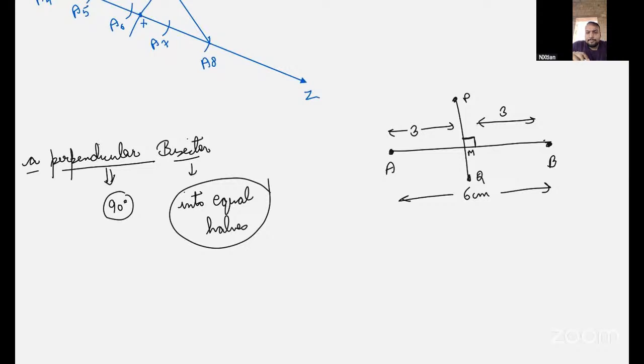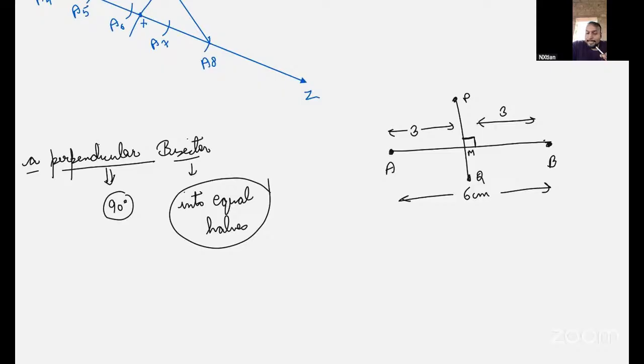It is a line which divides the base into two equal halves as well as makes 90 degree with the base.